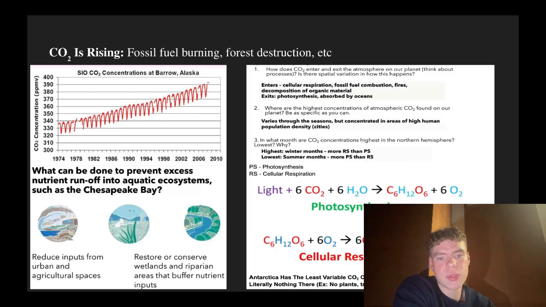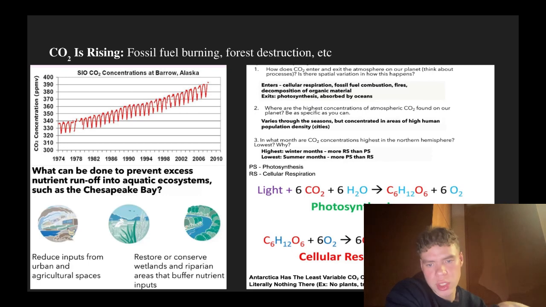And another thing is, in what month are CO2 concentrations highest in the northern hemisphere, lowest, and why? So in the winter months, we're actually going to have the highest concentration of CO2 in the environment, because there's a lot more cellular respiration occurring than photosynthesis, and vice versa in the summer. Plants are doing more photosynthesis than they are doing respiration.